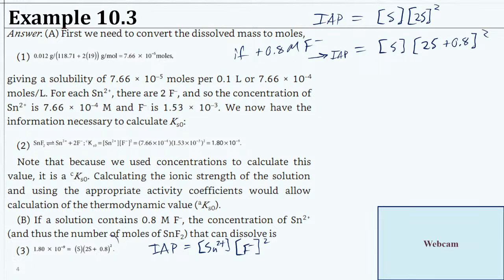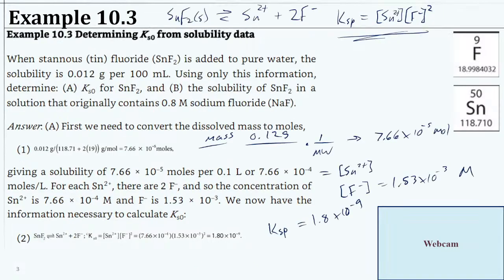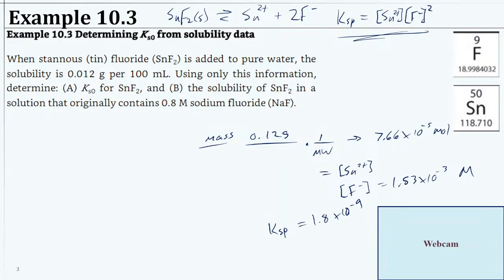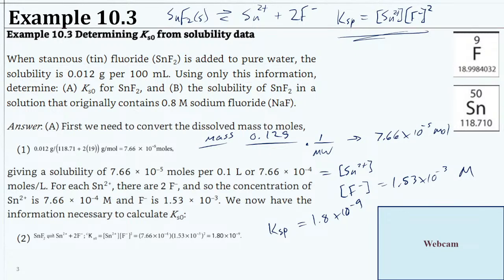So that's what they're doing right down here. And rather than writing that as the ion activity product, they were asking, well, how much can dissolve is sort of the question, right? Said, find the solubility. Okay, so basically how much is going to dissolve.